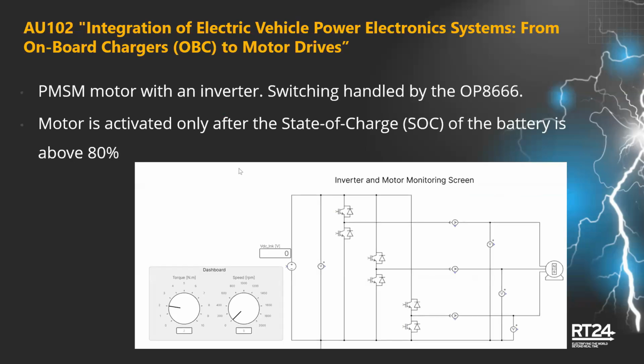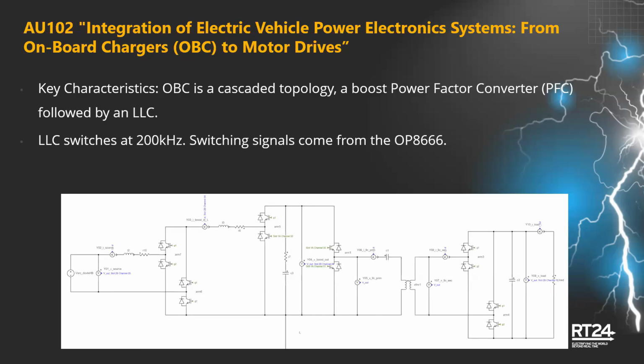Now for our motor, it's simply a PMSM with an inverter. Once again, the switching here is also handled by the OP866. And in particular, the way this demo will play out is, first, we are going to use the LLC topology to charge our battery. Just going back one slide. Basically, the terminal of the LLC at the very end has a resistor.